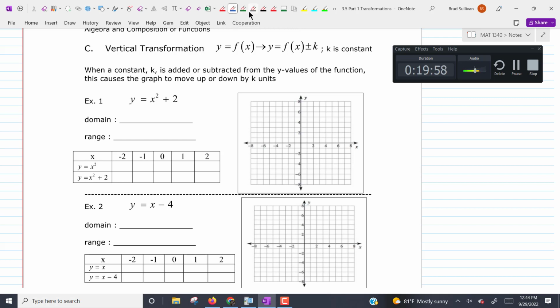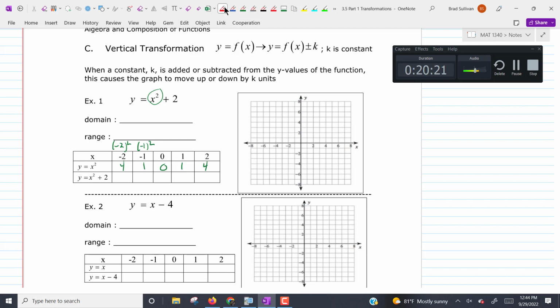So the first thing we want to do on this problem is your elementary function is x squared. So your first row, do it in your head. Do it fast. Negative 2 squared is 4. Negative 1 squared is 1. 0 squared is 0. 1 squared is 1. 2 squared is 4. Okay, plot those points.